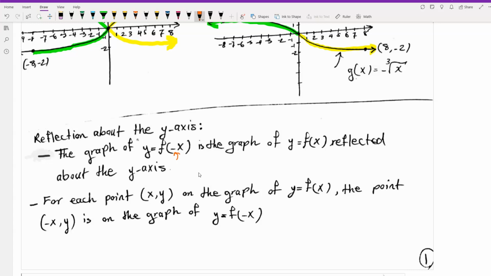For each point x, y on the graph of y equal to f of x, the point negative x, y is on the graph of y equal to f of negative x. So here we have negative x, that is our input, and that is the same on this part.